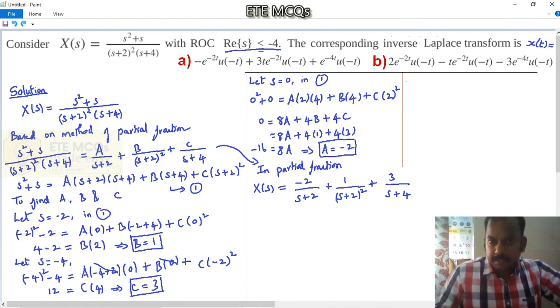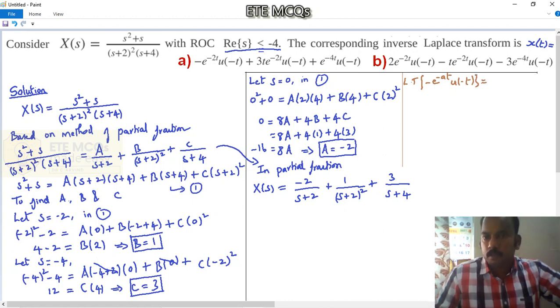It is Laplace transform of minus e power minus at into u of minus t. This is completely a left-sided sequence whose Laplace transform is given by 1 by s plus a.